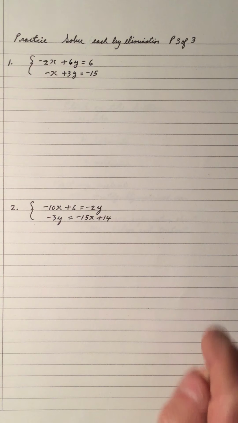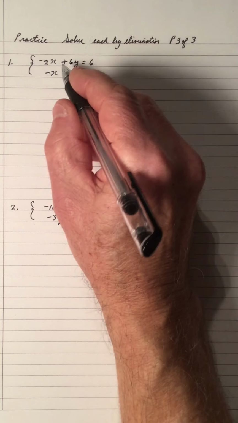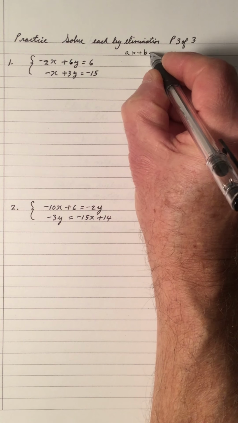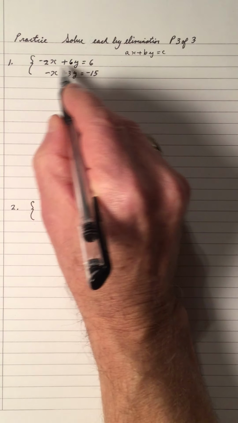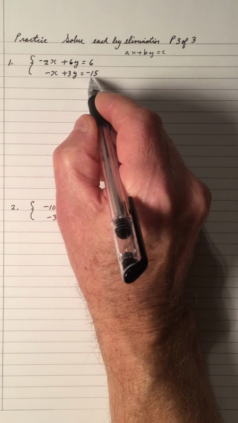Practice. Solve each by elimination. So we're eliminating. We should have ax plus by equals c. The equations, ax plus by equals c, ax plus by equals c, both of them are in that order. So I need to eliminate the x's or the y's.